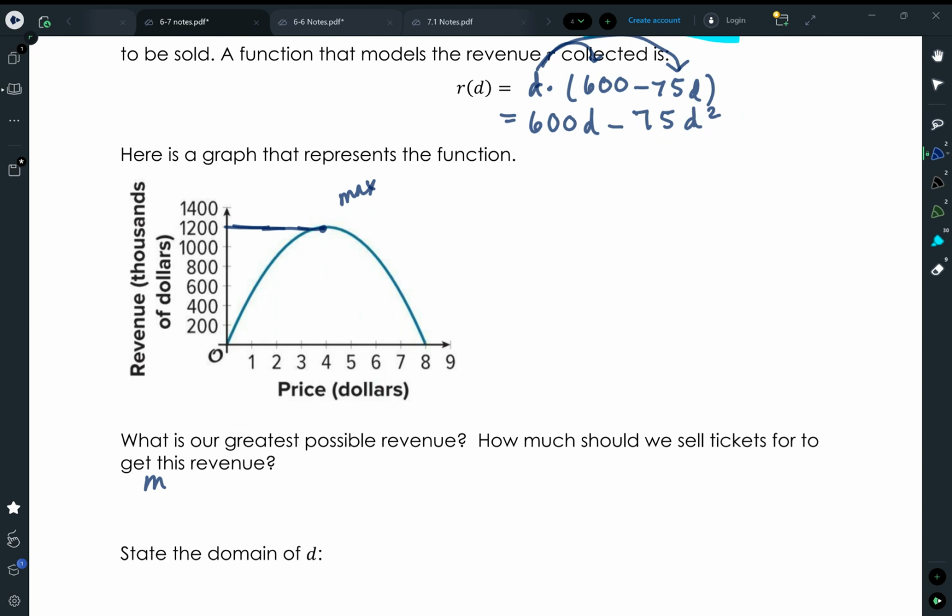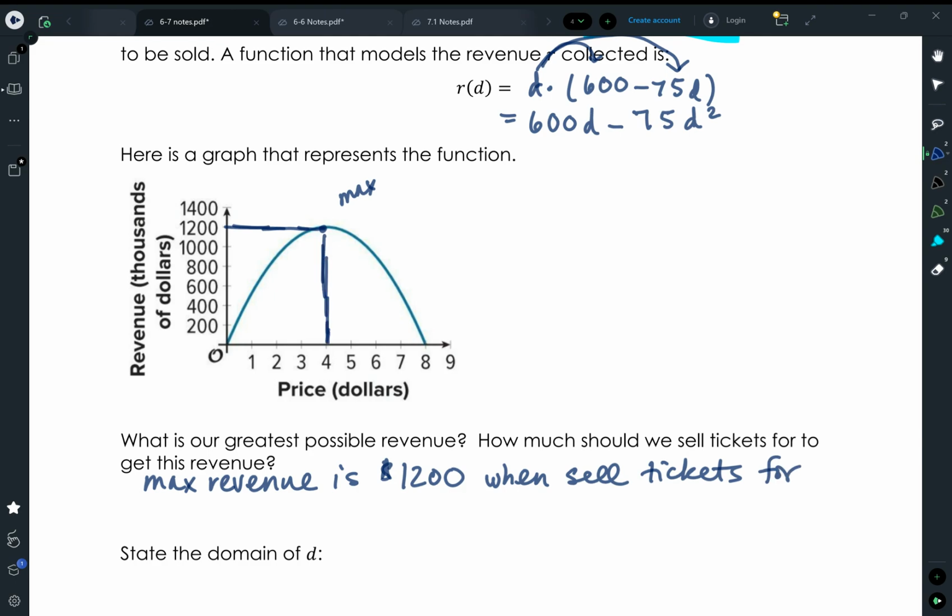So the maximum revenue is $1,200. And this is when we sell tickets for, let's see, let's trace this down to our x-axis. It's when we sell the tickets for $4 each.